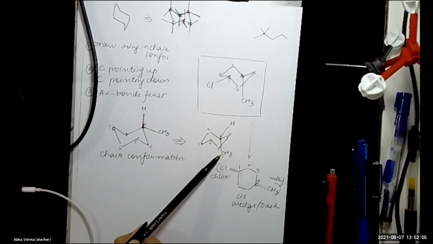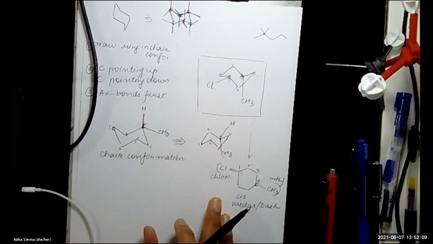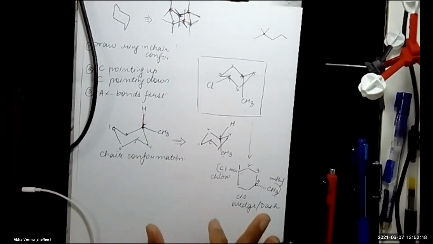Now, we need to be able to recognize what is a cis-trans combination. From one view to the other, make sure you do not change the constitutional connectivity of the isomer, and keep the stereo centers exactly the same.